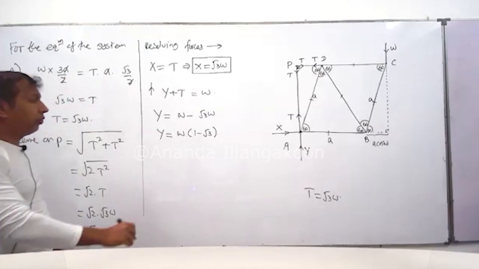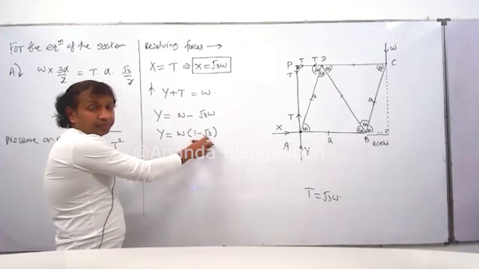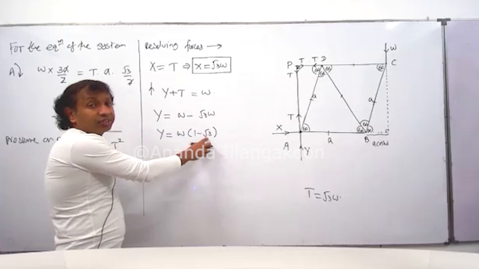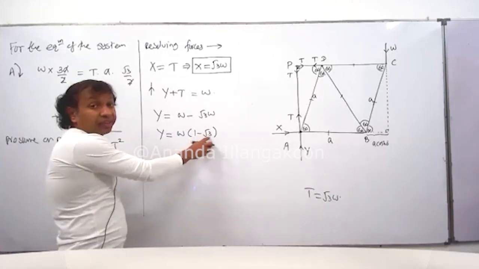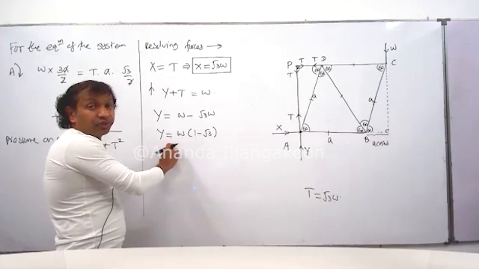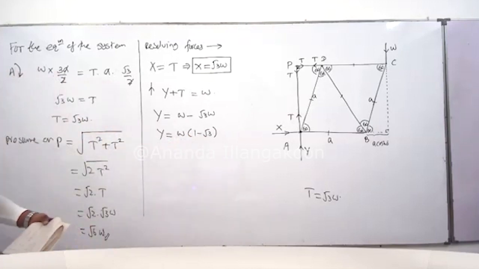Root 3 is 1.7 something, greater than 1. Therefore, this is negative. Therefore, the direction of Y should be downward.